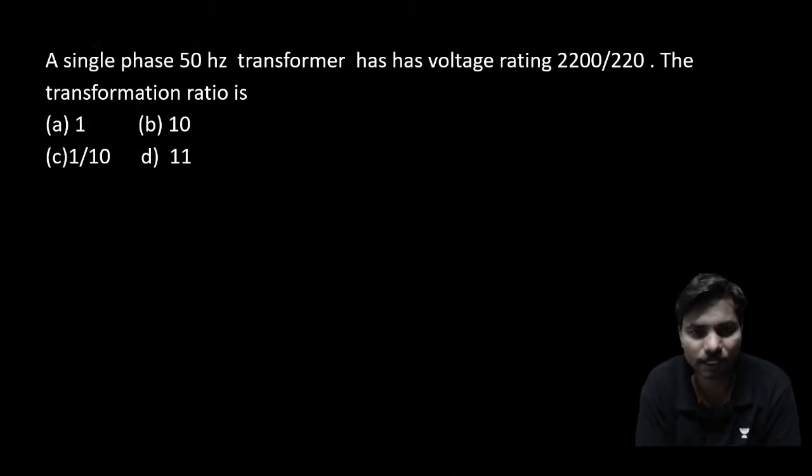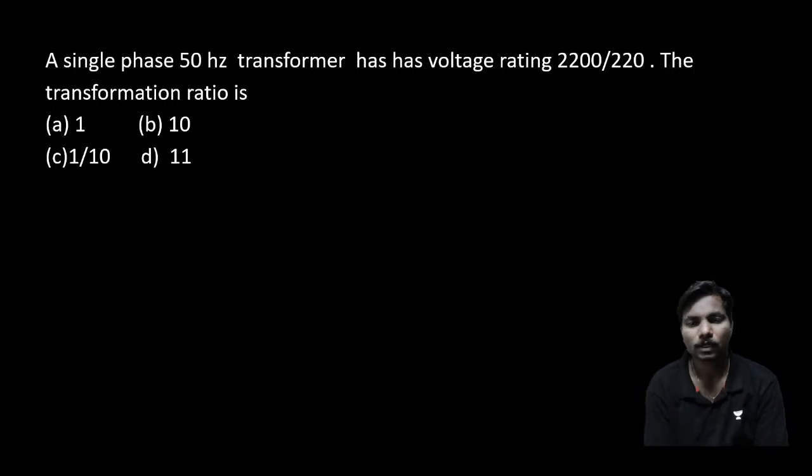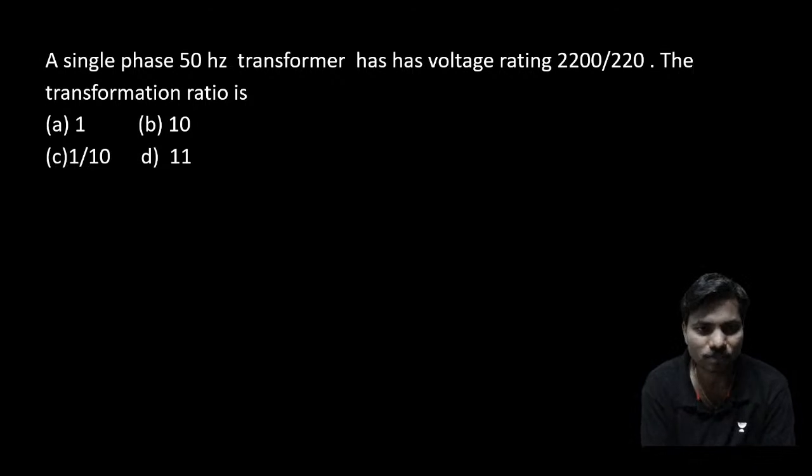A single phase 50 Hz transformer has a voltage rating 2200 by 220. The transformation ratio is dash. Very easy question, same as the previous one.